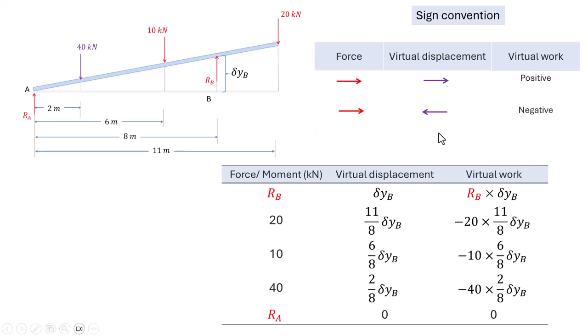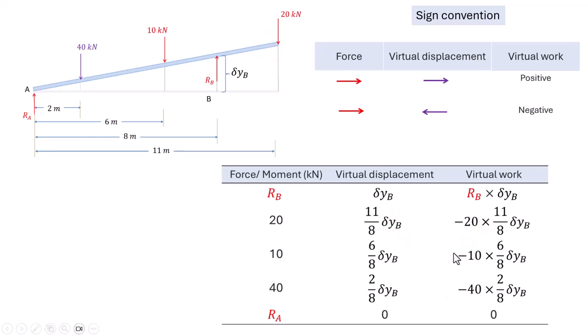You see here the reactive force RB and the displacement at that point are in the same direction, hence there is positive work. And for the forces 20 kN, 10 kN, and 40 kN, their virtual displacements are in the opposite direction. Therefore, their virtual work is negative.